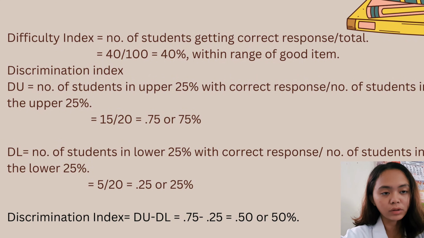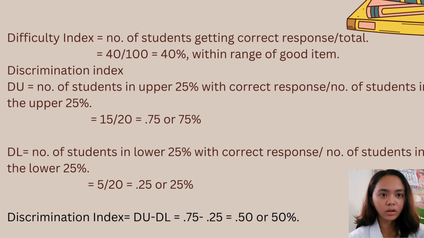So, DU is equals to 75 minus DL is equals to 0.25 dahil ang equal ng DL earlier is 0.25 or 25%. So, 0.75 or 75% minus 0.25 or 25% is equals to 0.50 or 50%.